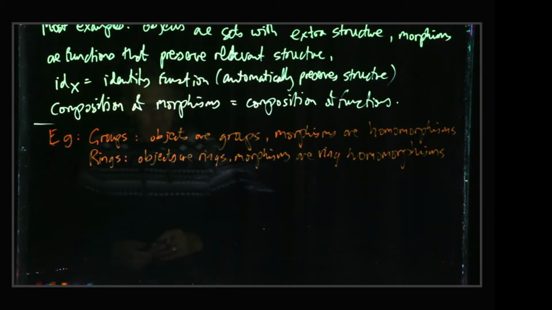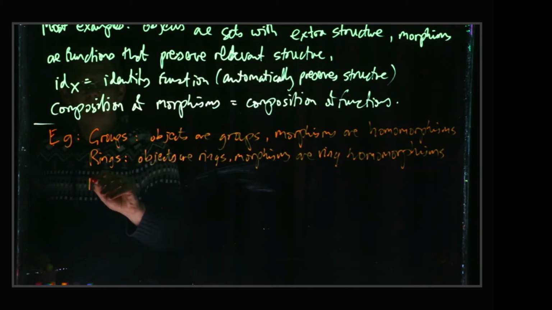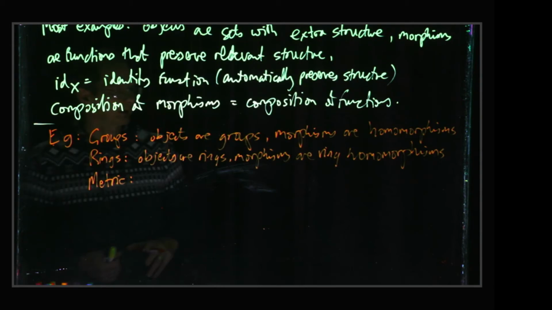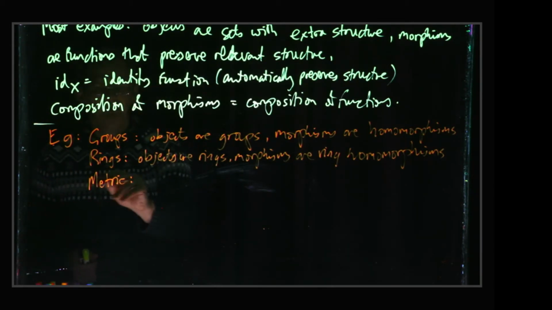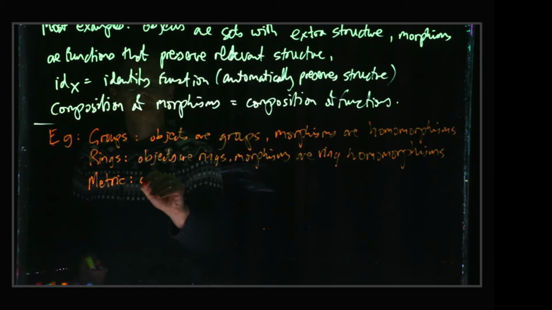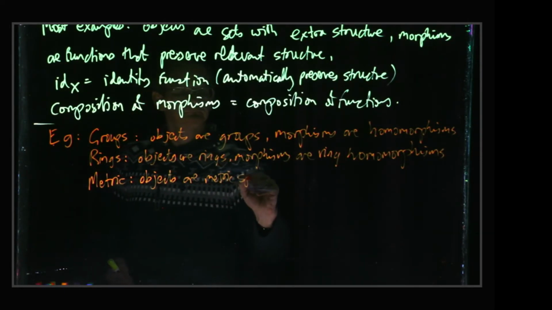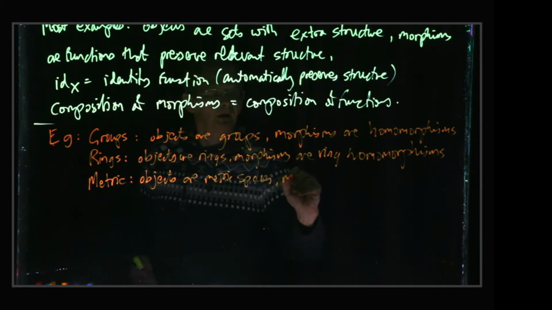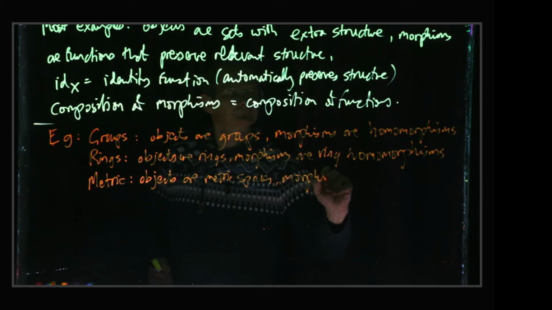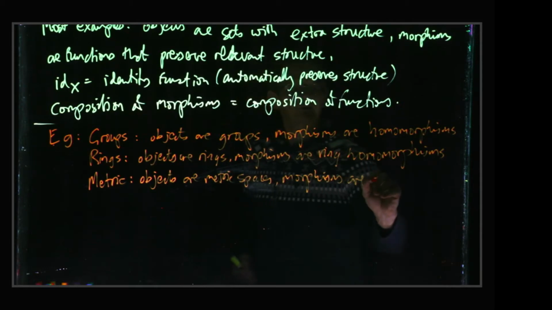But then we also have some kind of topological examples where we've got category metric as a category of metric spaces. And the morphisms are continuous functions.